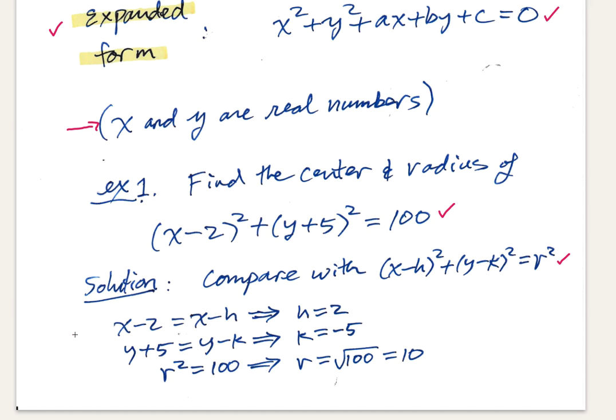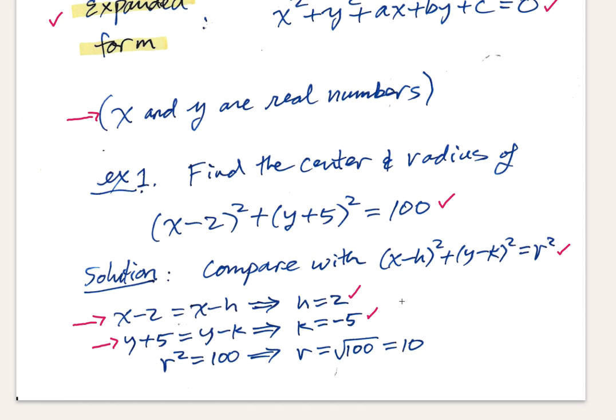So the x - 2 would correspond to x - h. Knocking off x on each side and solving for h, you can see that h is going to be 2. Likewise, y + 5 would correspond to y - k. Knocking off the y's on each side and solving for k, we can see k would have to be negative 5.